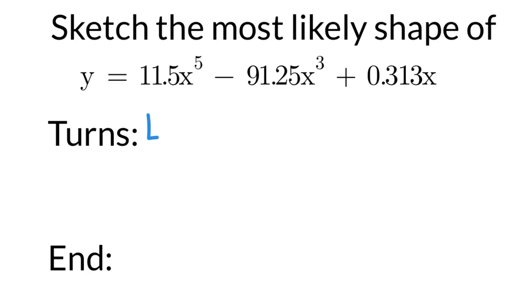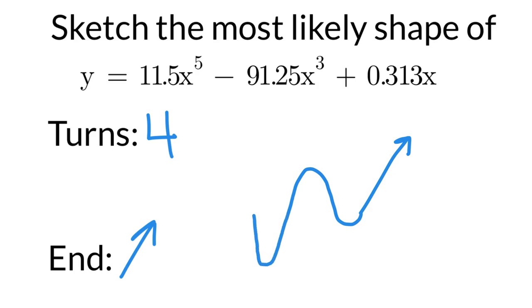That means it's going to turn 4 times. And our leading coefficient is 11.5. Since that's positive, it means it goes up on the end. So when we graph it, make it go up on the end and turn 1, 2, 3, 4 times. Here's our most likely shape.